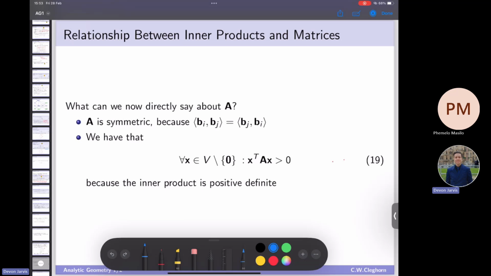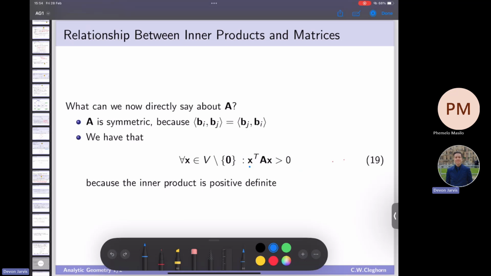Okay, so what can we now directly say about A? A is symmetric if b_i and b_j is the same as b_j and b_i. And we have that for all x in the vector space excluding 0, if I apply x twice to it using that metric, that A, it must be greater than 0.